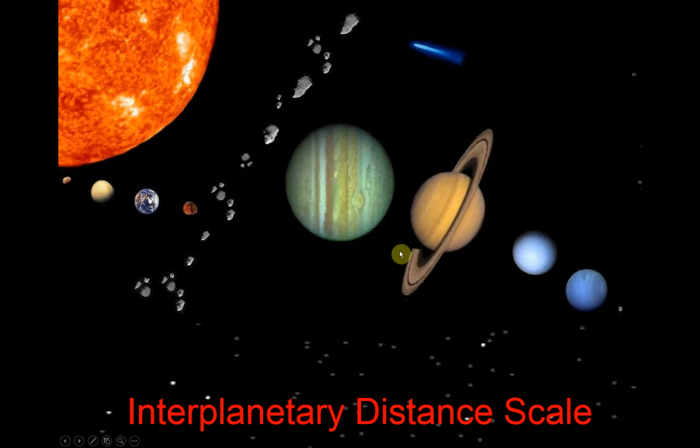Remember, the planets are not nicely lined out like this. They're not all in one great big line. If you were to leave on a rocket from Mercury, you wouldn't just be able to fly to Venus. Venus could be on the other side of the Sun, for instance, to Mercury. And they're all spaced out quite large distances.